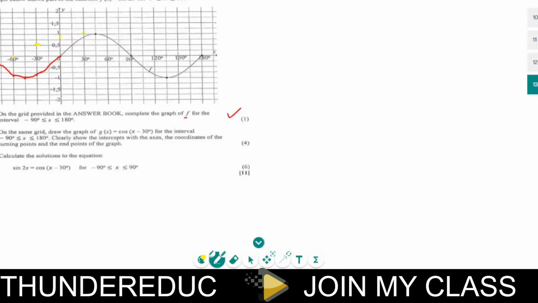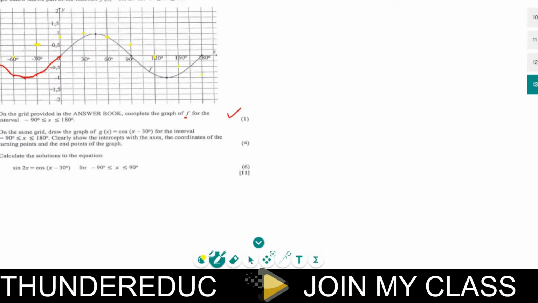Then 60 is giving me 0.8, probably that same point with the other graph. 90 is 0.5, 120 is 0, then 150 is negative 0.5, and then 180 is negative 0.86.